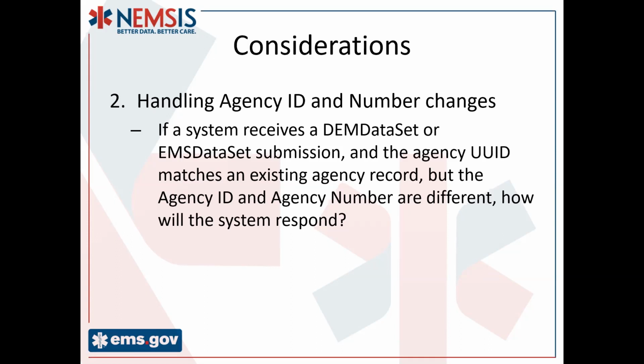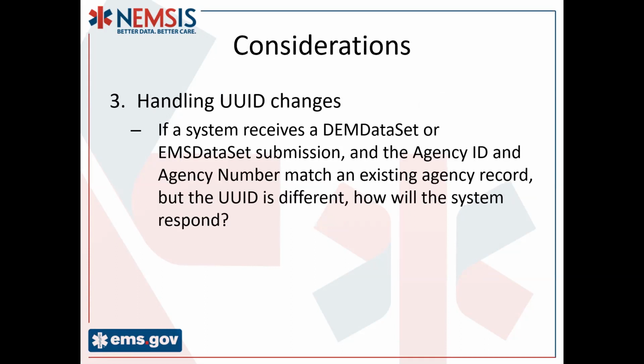Okay, so let's look at the third of the three considerations here, which is the opposite scenario. If a state system receives a DEM or EMS dataset submission, and the agency ID and number match an existing record in the state system, but the UUID is different.